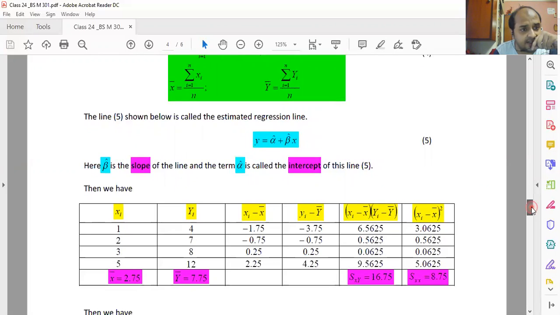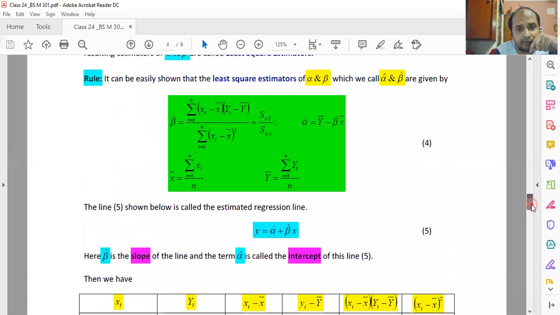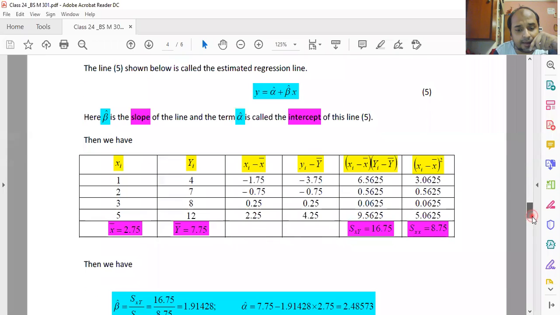The rest is very simple. I have tabulated the values of xi and capital Yi over here. As per our requirement in the formula, we need xi minus x bar multiplied by yi minus y bar. So I have calculated the arithmetic mean of the variable x and the arithmetic mean of the variable y.